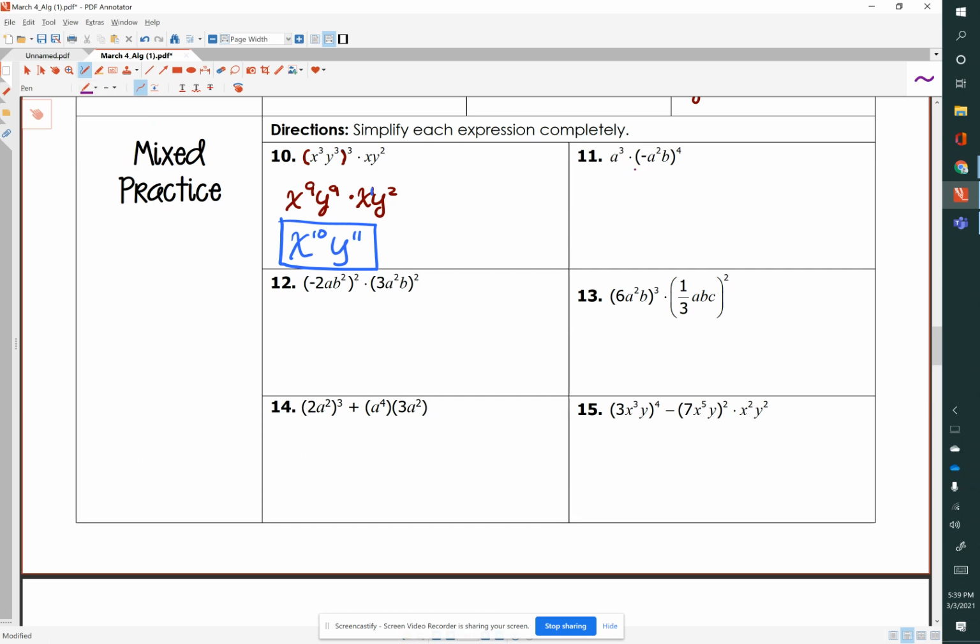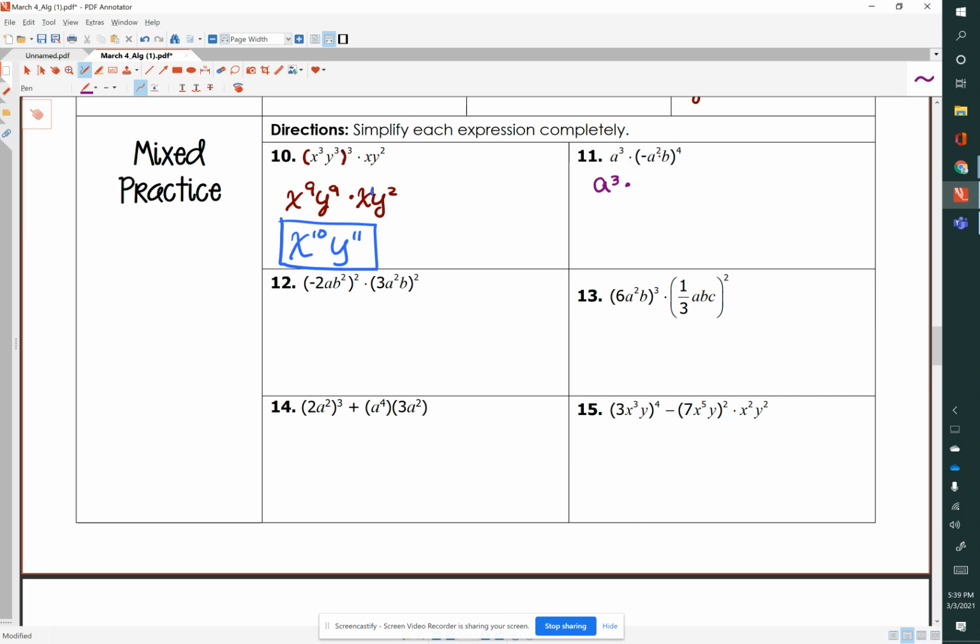Number 11, a to the 3rd times the quantity of -a squared b, all of that raised to the 4th power. So that would be a to the 3rd times, let's do the parentheses. So we have -a times -a times -a times -a. Okay, -a to the 2nd power raised to the 4th power is going to be a.